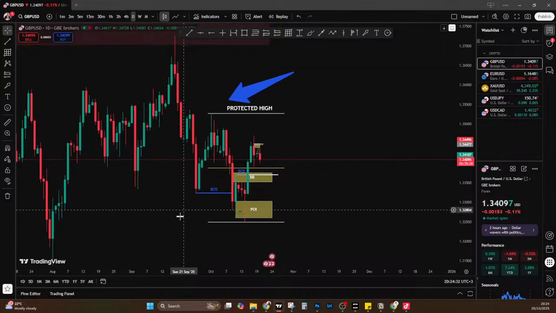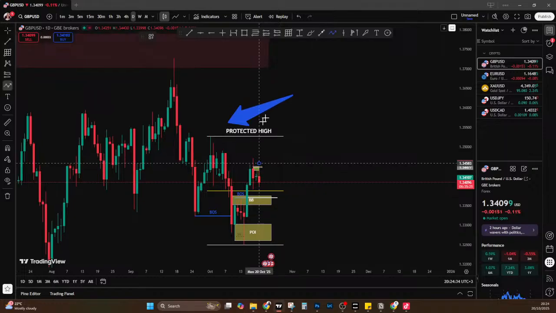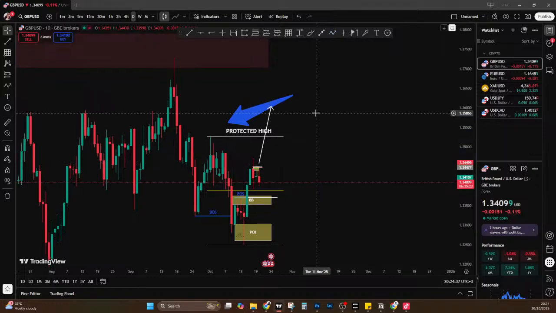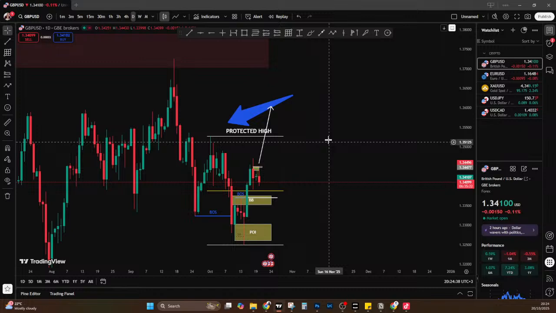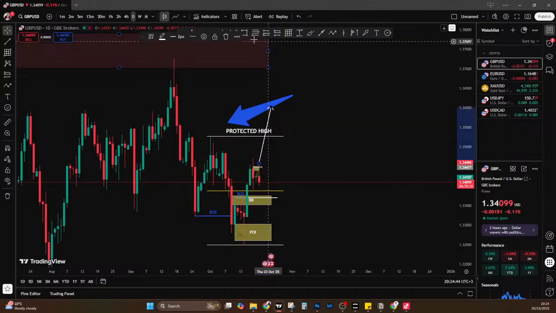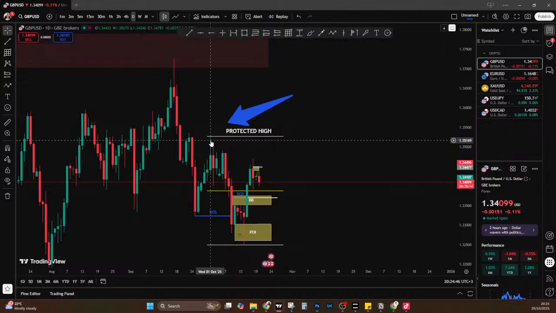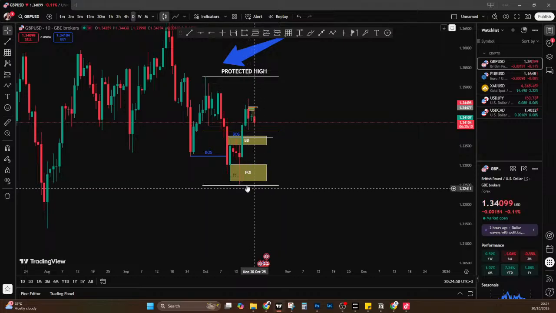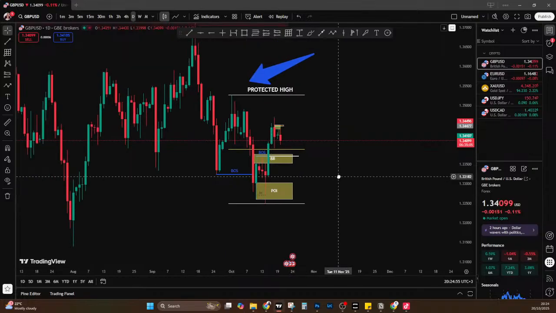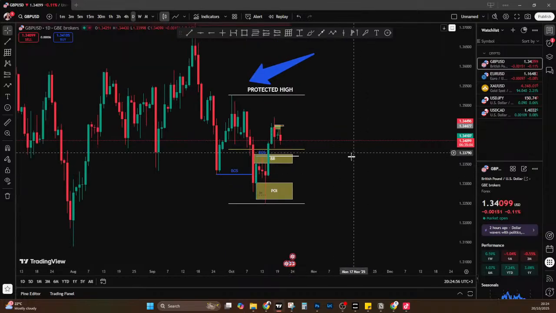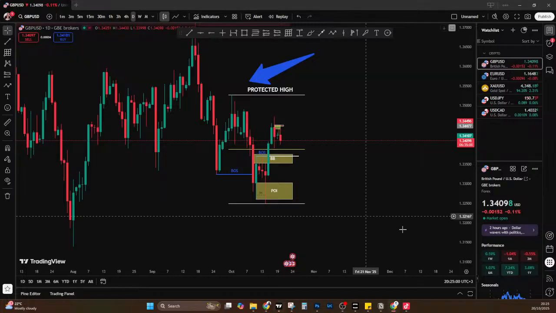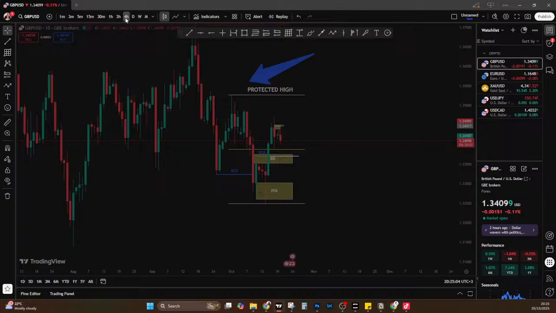So we don't expect that this market will come and take out this high unless the market changes character or shifts now to an uptrend. So we don't expect this high to be taken, but we expect that this low should be taken. Are we together? So what do we do from here? We move to a lower time frame, and that is 4 hours.